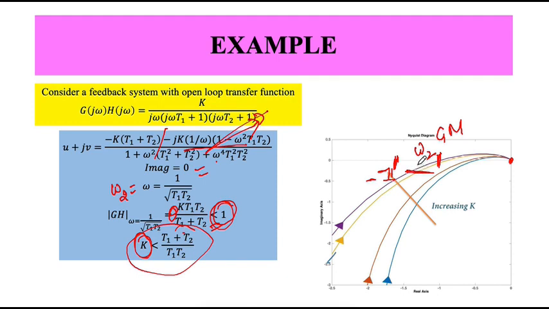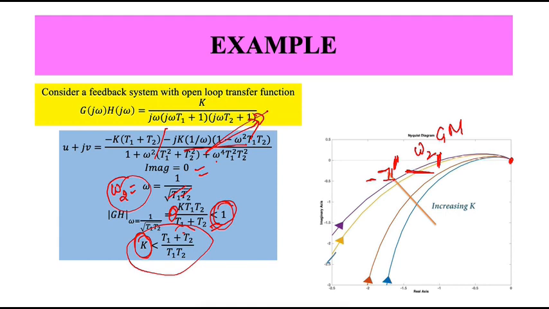So how do I compute this? I just put the imaginary part of this equal to 0. I compute the frequency, right? The frequency is omega 2, what we call the phase crossover frequency. What is the magnitude at phase crossover frequency? The magnitude is k t1 t2 by t1 plus t2, and the gain margin is the reciprocal.